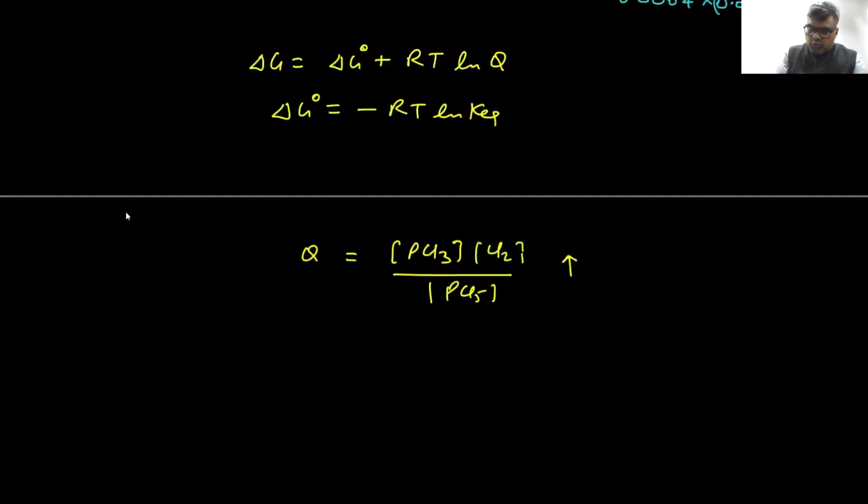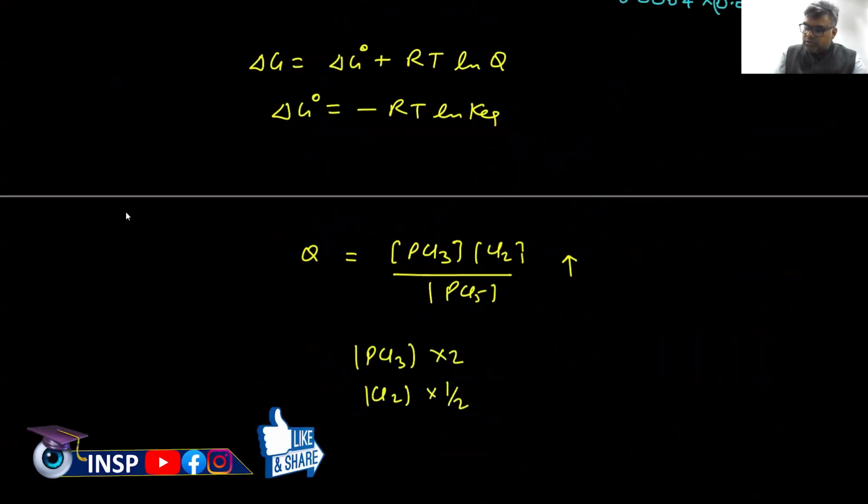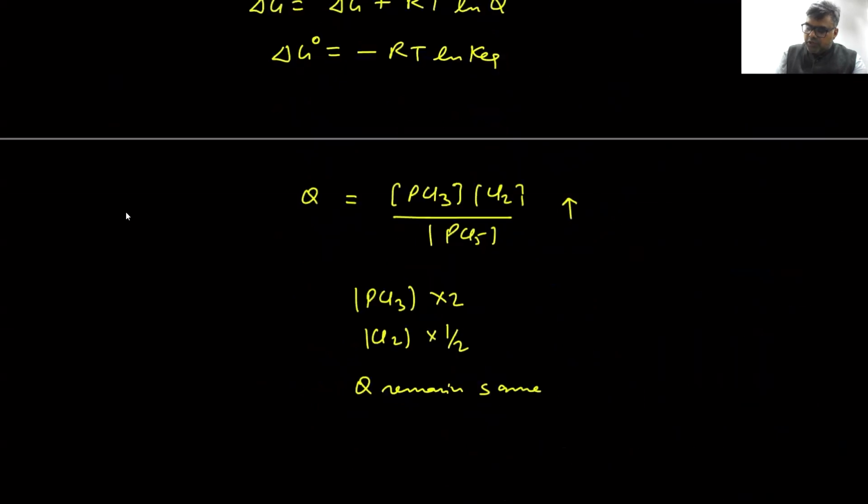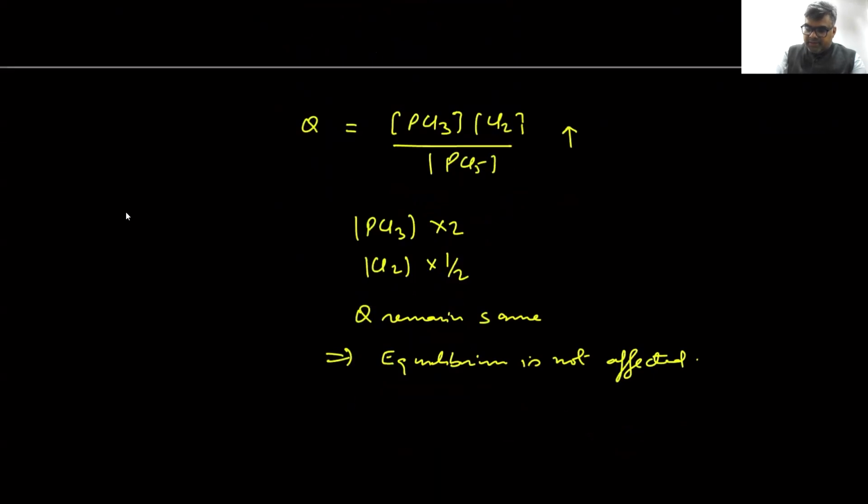Because once you write Q, which I have written, if I double the PCl3 concentration and halve the concentration of Cl2, Q remains the same. So equilibrium is not affected. So our answer will be A and D. Clear?